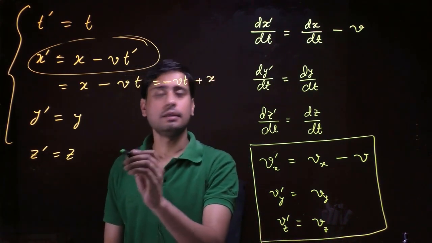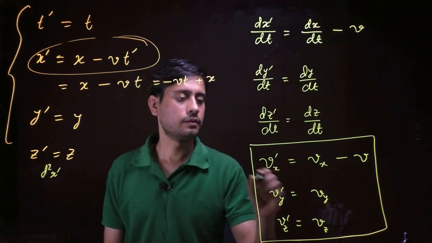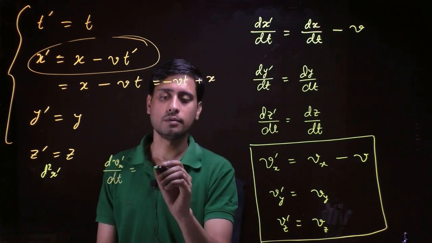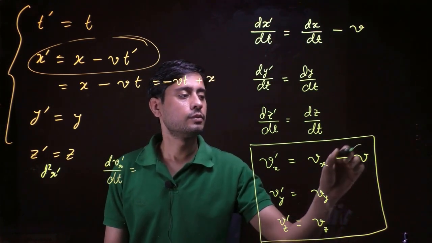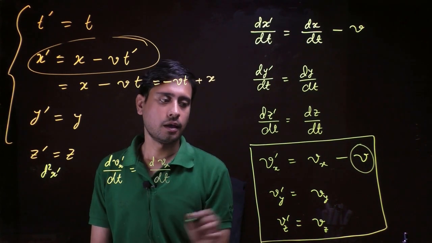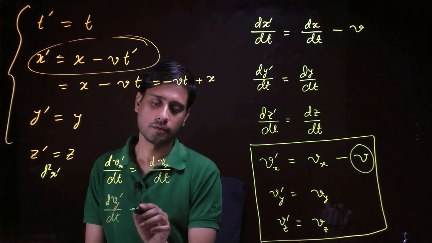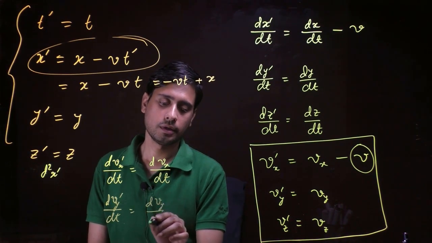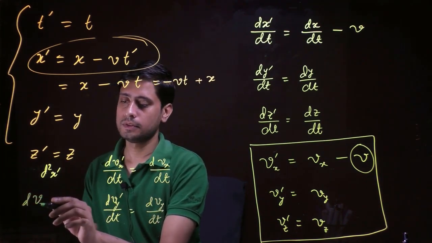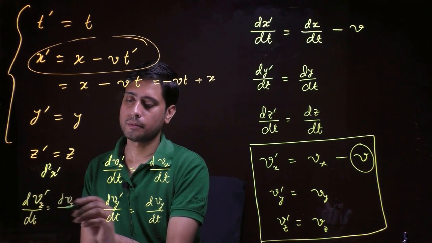We simply have to differentiate this, so dvx prime upon dt will be equal to, now this is a constant, so the derivative of this term will be 0, so this will be equal to dvx by dt, and the same for all: dvy prime upon dt will be equal to dvy upon dt, and similarly dvz prime upon dt will be equal to dvz upon dt.